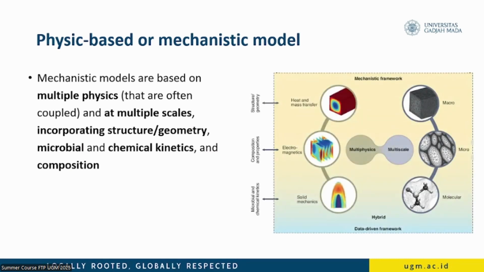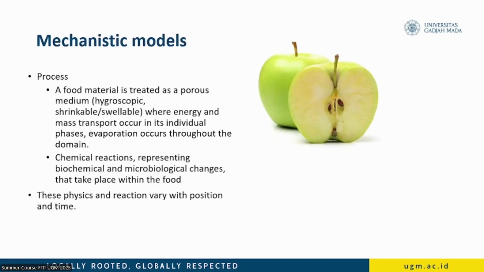okay, as you know, food ranges from the macro scale to the micro scales, incorporating structure, geometry, microbial, chemical kinetics, and compositions. And mechanistic models, like these are apples.